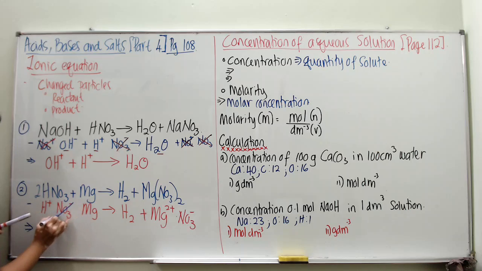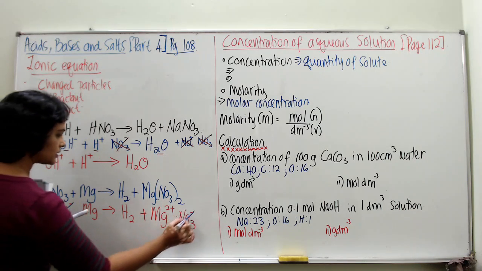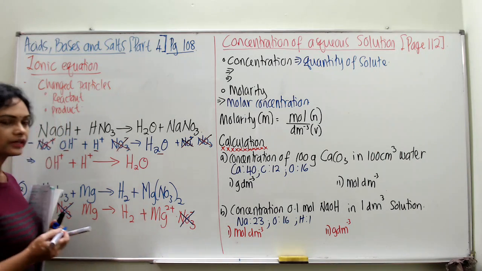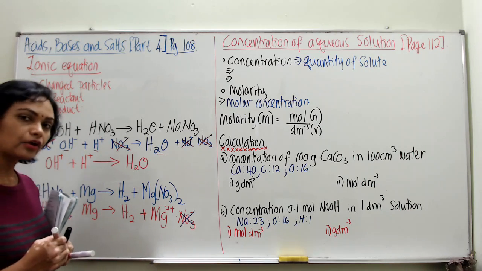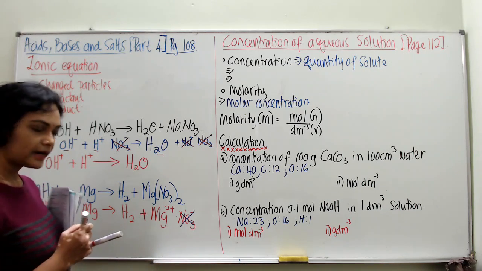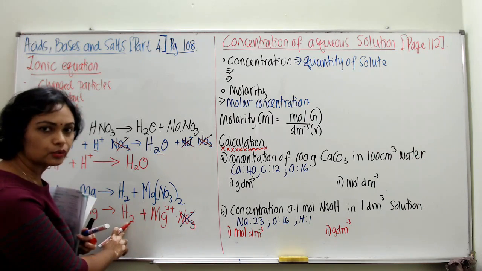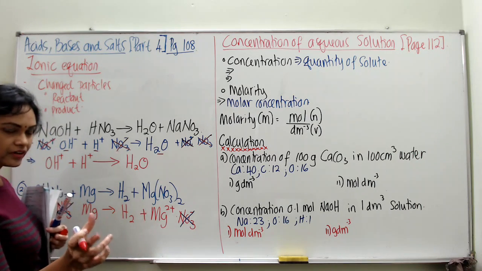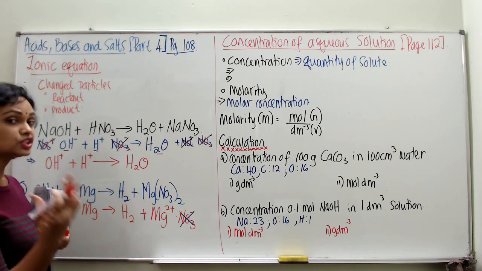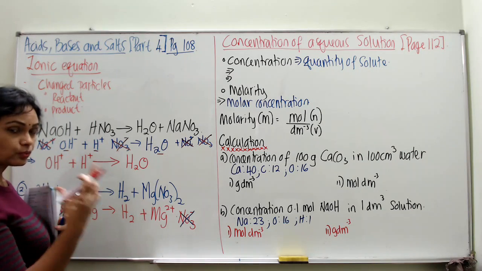So you can cancel nitrate ion as a consideration for writing ionic equation. But look at hydrogen. Hydrogen has combined. Let me balance. Hydrogen has combined to produce hydrogen molecule here. So can you see there's a difference? That means the particle has gone through changes, from ion into molecule.